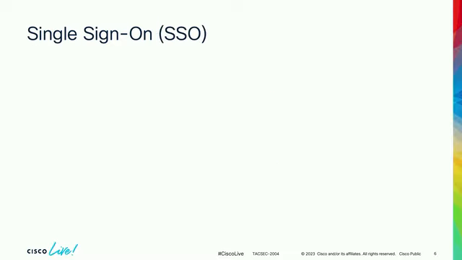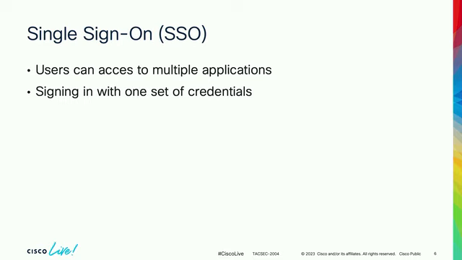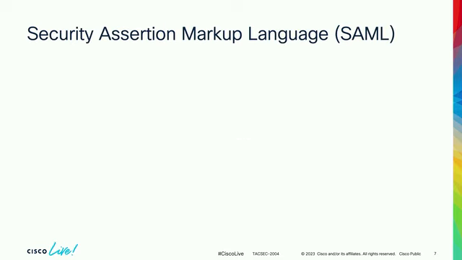Okay? But what is single sign-on? Single sign-on, or better known as SSO, allows users to access multiple applications by signing in with one set of credentials. This prevents repeated authentication in order to access different applications, or when a user is disconnected from a single service. One type of single sign-on authentication protocol that we have is SAML.